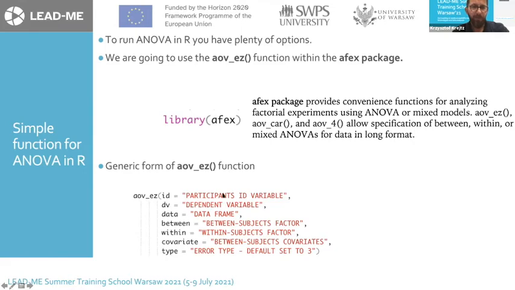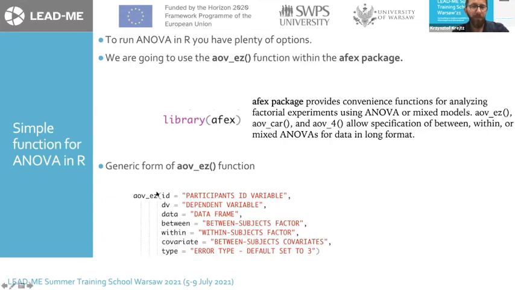ID, we have to give the subject ID variable here in quotation marks. We have to provide the data frame name. DV is the dependent variable. We give the name of the between subject factor. In our case, it's going to be sensitivity to climate change, and the within subject factor, in our case, is going to be AOI type.